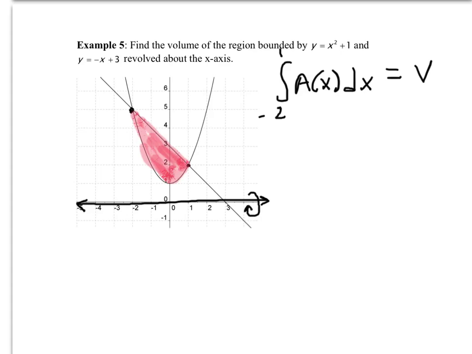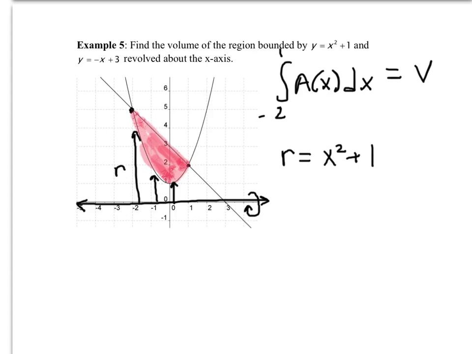If I start at my axis of rotation and move up to the shaded region, there's a gap no matter where I am. That distance is my smaller radius. That distance is dependent upon the parabola y equals x squared plus 1, so my little r is x squared plus 1. That's the y value on that parabola.